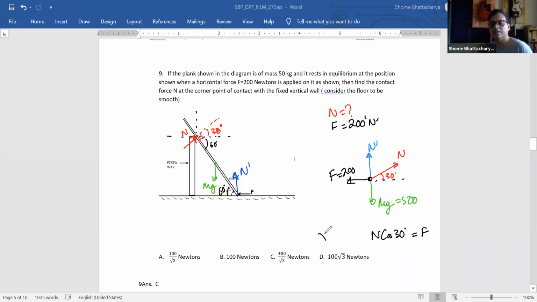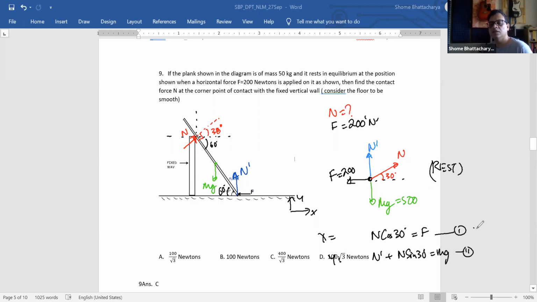So coming back to this, N cos 30 will balance F. Now, this is along the x-axis, taking x and y like this. This is at rest, so net force should be 0. That's all you need actually. Equation 1 is all we need, but we also have the equation that N prime along the y-axis, N prime plus N sin 30 is equal to mg.